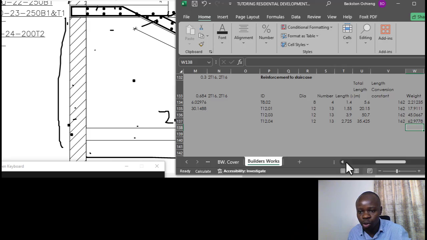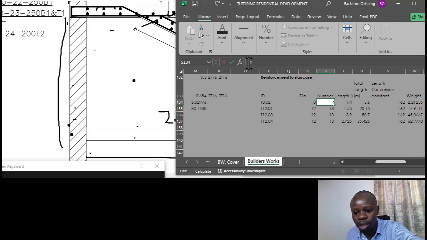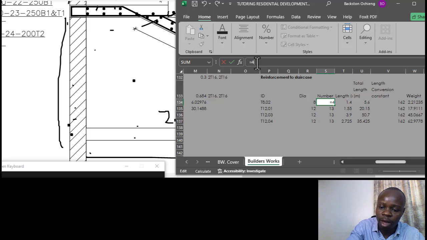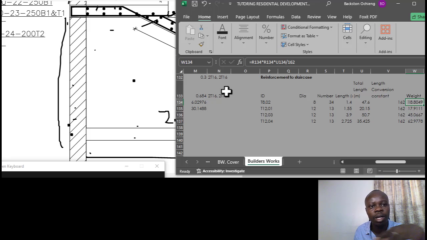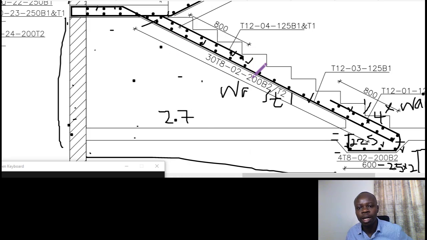So what we do, the first 02 is here. So in this case, we just need to add that number because it's the same, and they are the same bars. So this is 4, but then we add the 30 bars, and then it works out everything for us because the formula is already in place, and the length of those bars are the same.